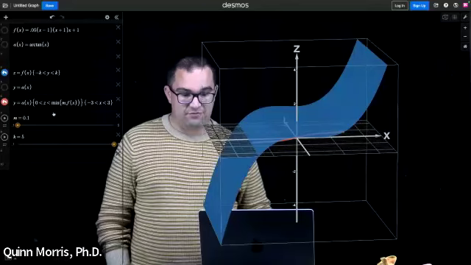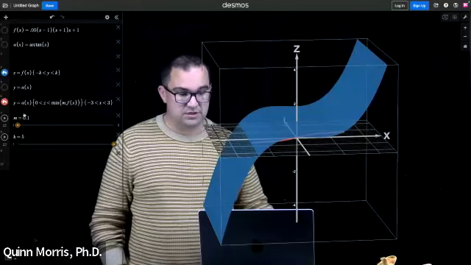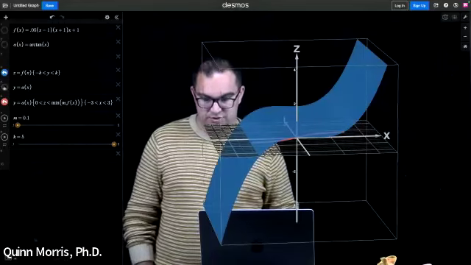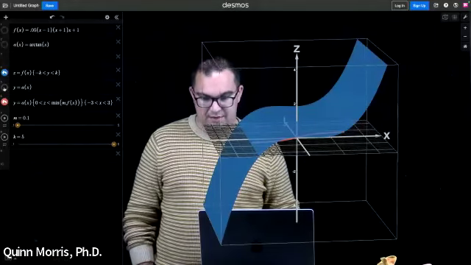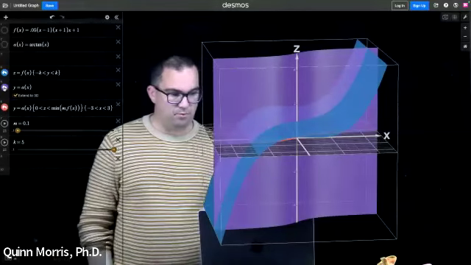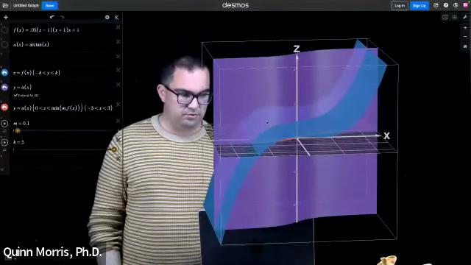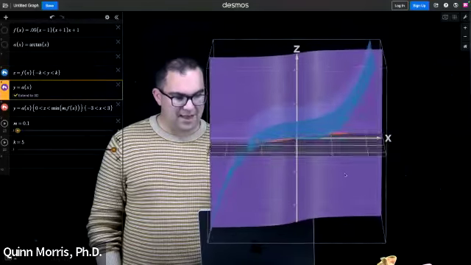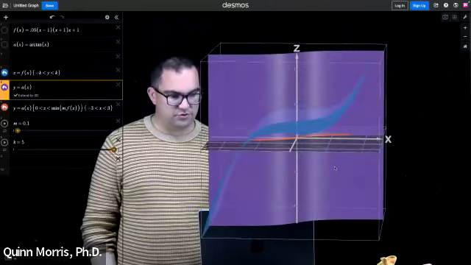I'm also going to take my function alpha of x. Again, it lies in the xy plane, and I'm going to pull it up in the x direction. If I do that and turn that on, I'll have this purple curve here. Okay. So you can imagine that there's an intersection here.